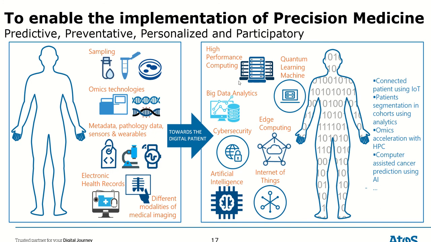And to do that, we need the help of high performance computing, quantum learning machine, big data analytics, edge computing, to name only a few. And by doing that, we are facilitating the implementation of precision medicine, which is predictive, preventative, personalized, and participatory.